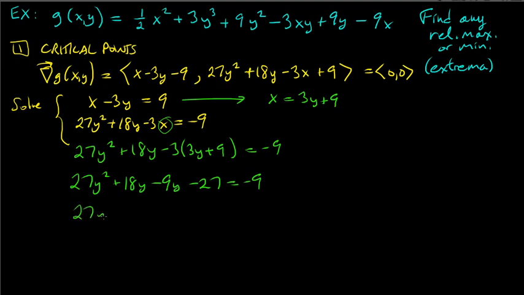Okay, so 27y squared, and then 18y minus 9y is 9y. And then I want to add the 9 to both sides. This is a quadratic equation. So negative 27 plus 9 is negative 18. So you can divide by 9, and we get 3y squared plus y minus 2 equals 0.